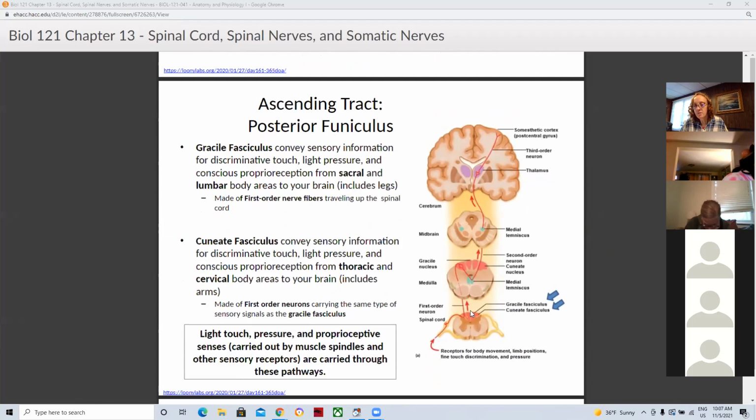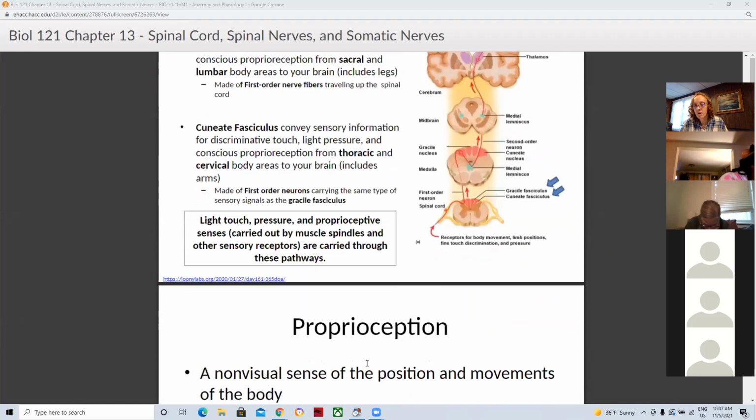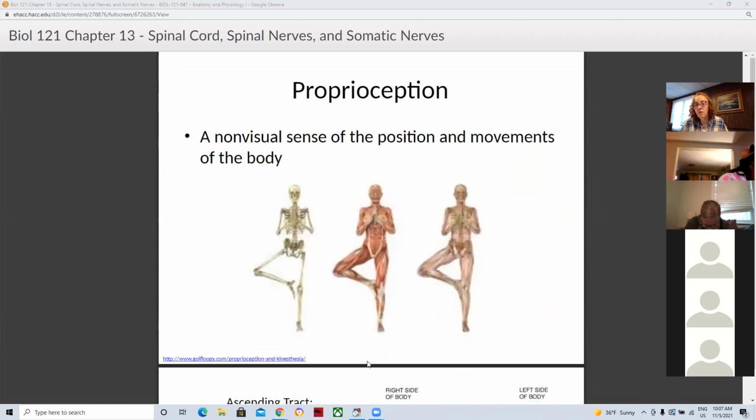So light touch, pressure, and proprioceptive senses are carried through these pathways. And what in the world is proprioception? This is a non-visual sense of the position and movements of the body.